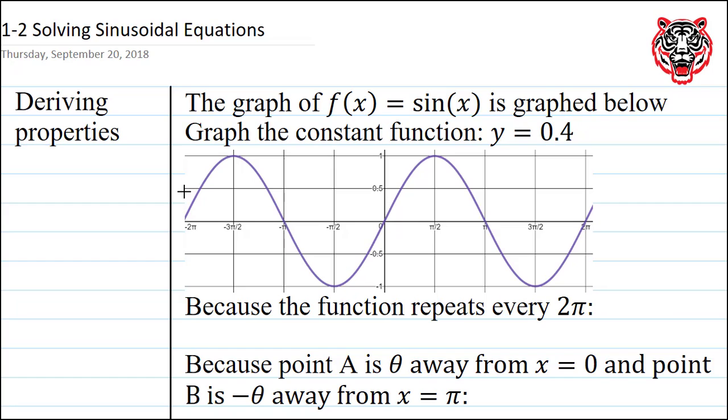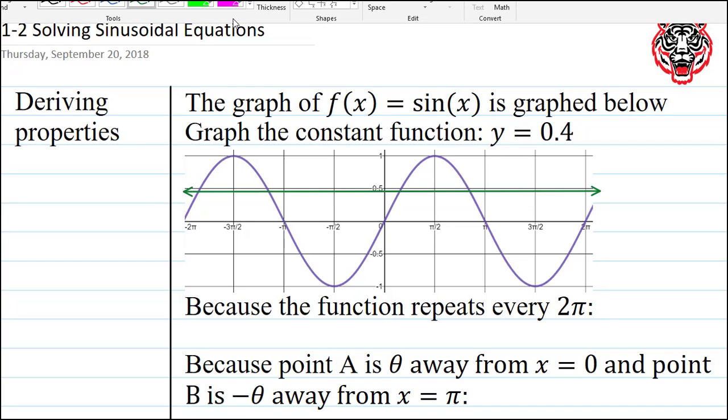It doesn't have to be perfectly straight, but it should look something like that. Do we all get this rough graph? Yes, no? Nice. Okay, so notice that it intersects the graph of sine x at 4 points.